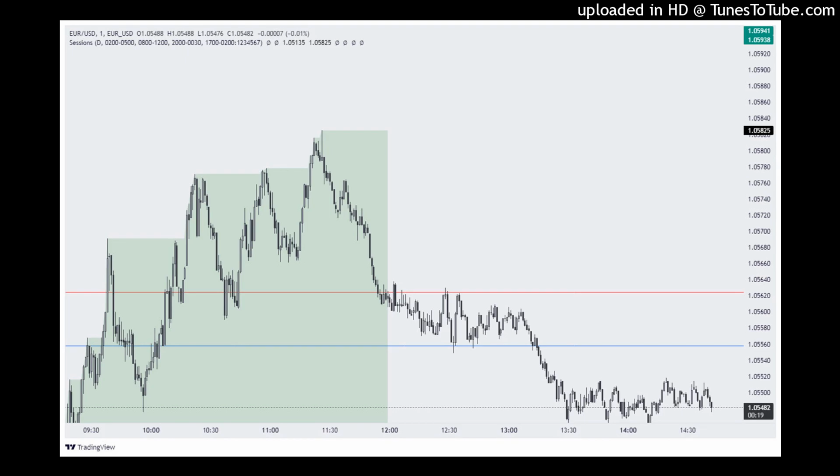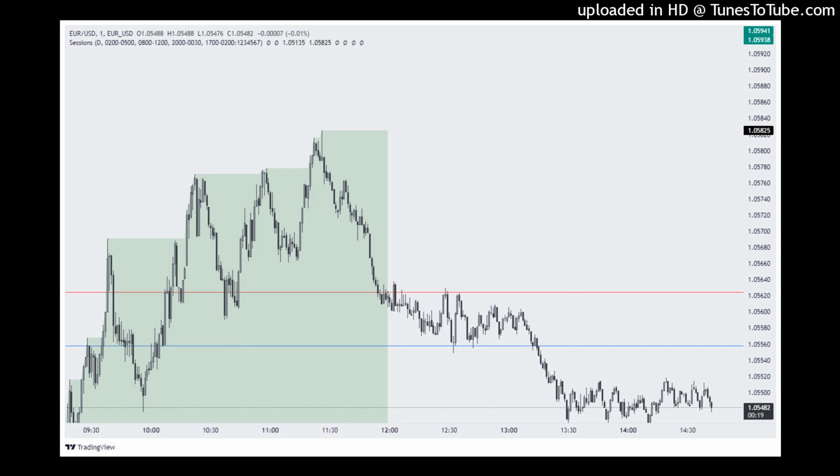That is your ST. So, for example, if we take just as example, don't take this PD array seriously. This is just an example right here. If we take this PD array, for example, that is not a PD array I would normally take because normally I would go up in time frames and see what are we working with right there. That is not a PD array I would take right there, but just as an example, please understand that.